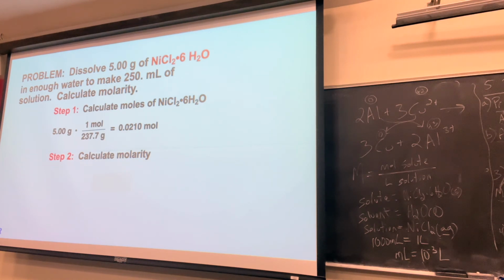Cool. Once you have the moles of solute, molarity again, moles over liters, moles of solute over liters of solution. So we'll take that moles, 0.0210, we'll divide it by the liters. Now 250 milliliters, remember that little dot right there means 3 sig figs. 250 divided by 1,000 comes out to be 0.250 liters.